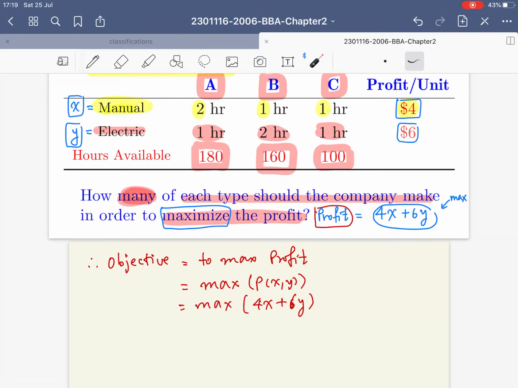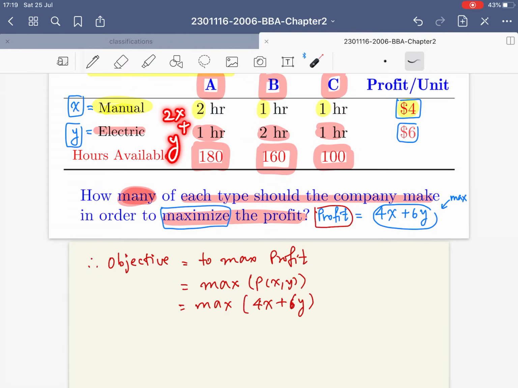If you produce 1 unit of manual, you need 2 hours of A, and for 1 unit of electric, you need 1 hour of A. So if you produce X units, you use A for 2x hours, and if you produce Y units of electric, you use A for Y hours.